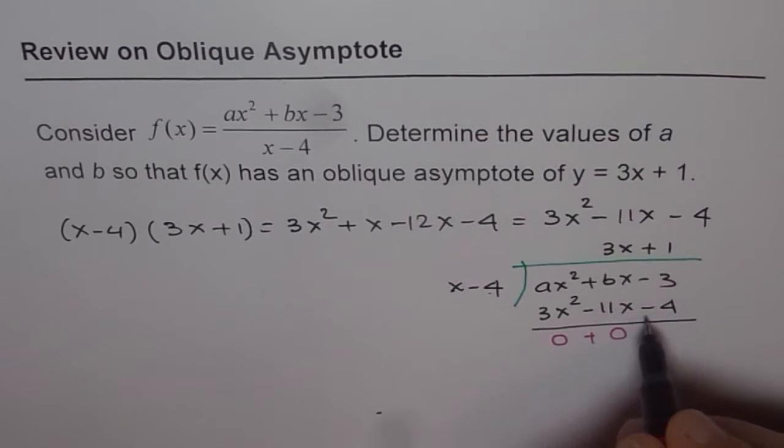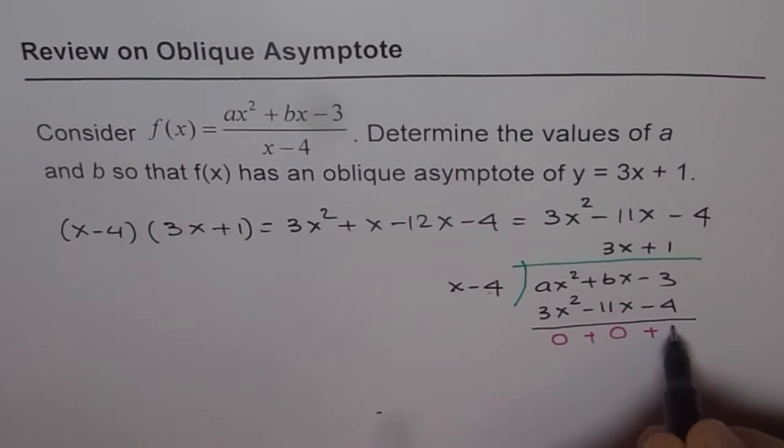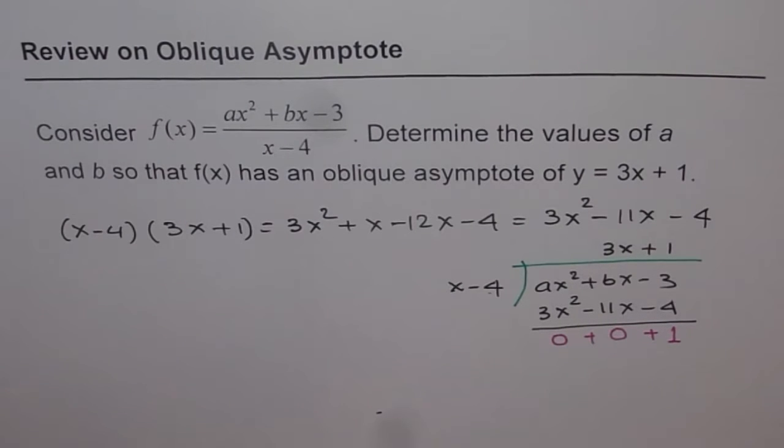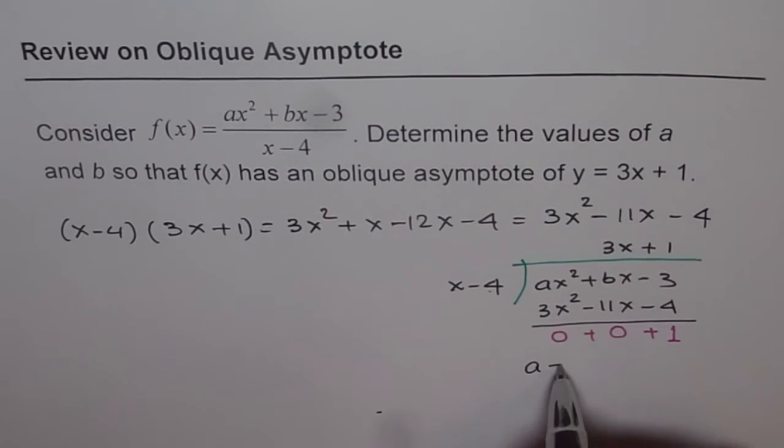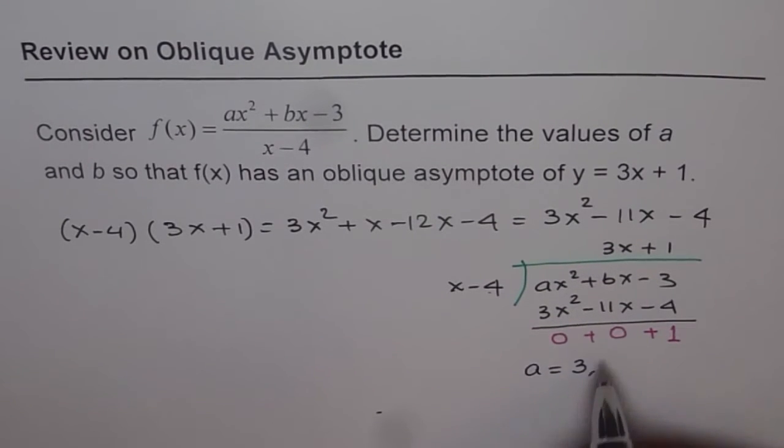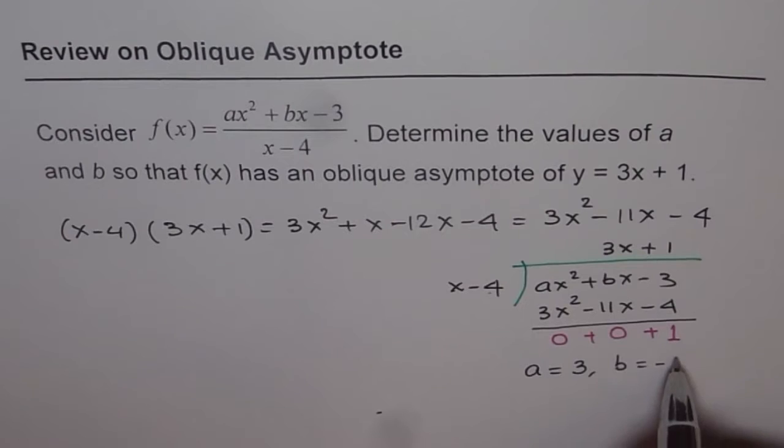And if we do minus 3 minus 4, then minus of minus 4, we get plus 1 here. Now from here you can figure out what a and b is, correct? To get this 0 here, a should be 3 and b should be minus 11, right? So we get a equals plus 3 and b equals minus 11.